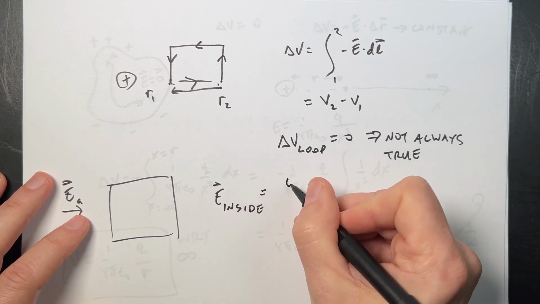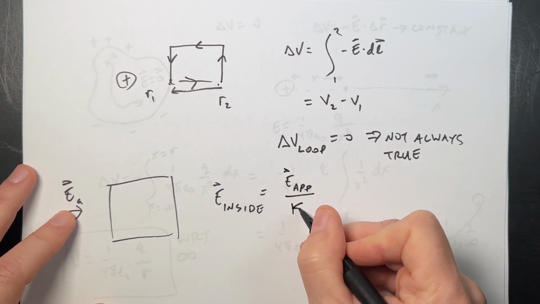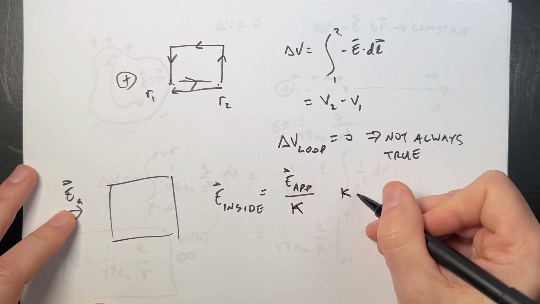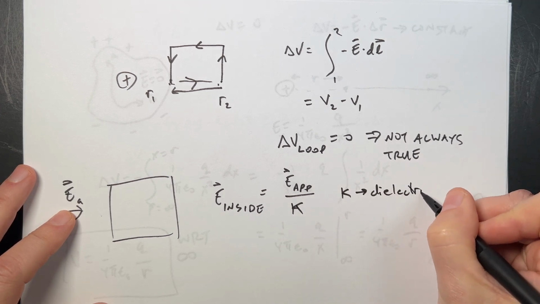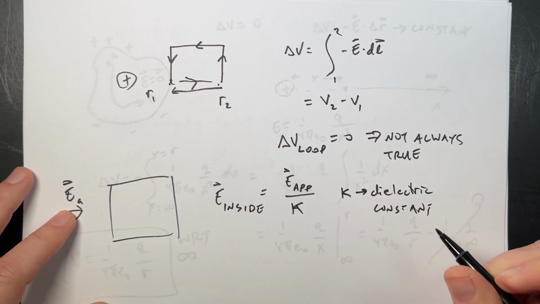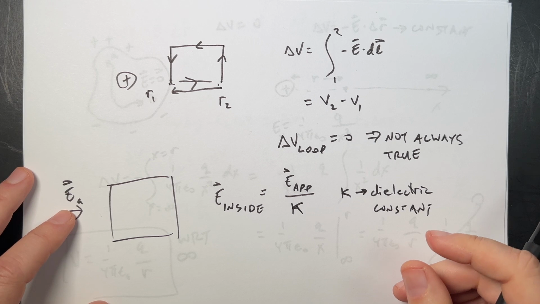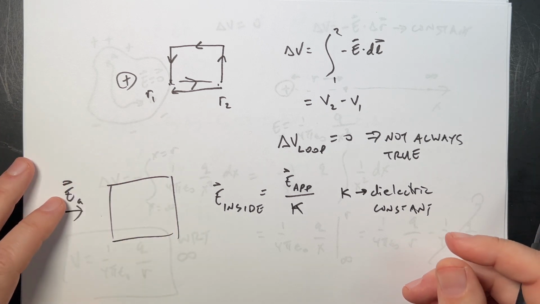It's going to be equal to the applied field, E_A, divided by K, where K is called the dielectric constant. So it's one way to take into account what happens when you put insulators in an electric field.